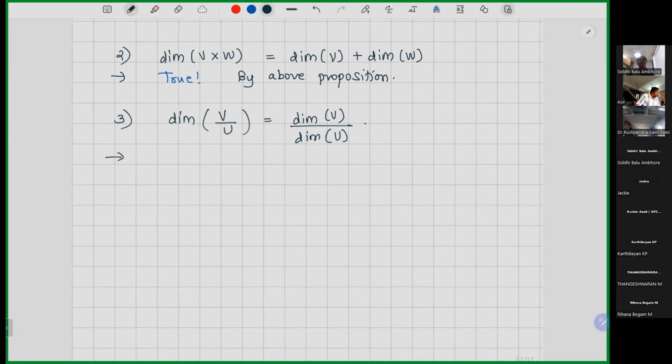This is false, because again using the proposition which is proved in lecture, we say that let V be a finite dimensional vector space.